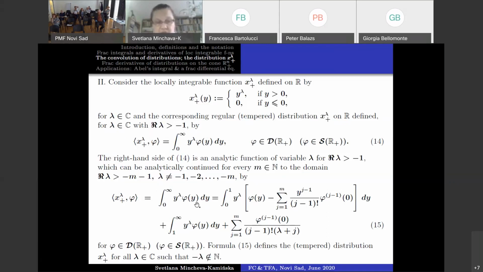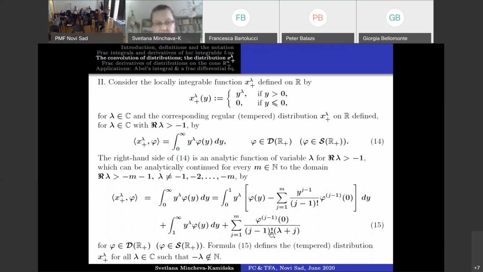And what is essential for us? That the right-hand side of this formula 14 is considered as an analytic function of variable lambda, which can be analytically continued for every natural m to the domain of real part of lambda greater than -m-1 by this condition. And this continuation is presented in formula 15, where phi is an arbitrary test function.